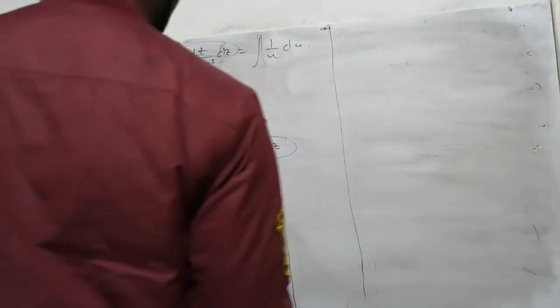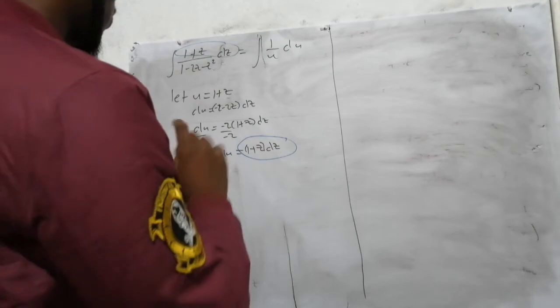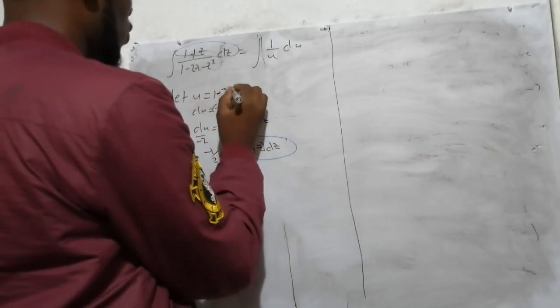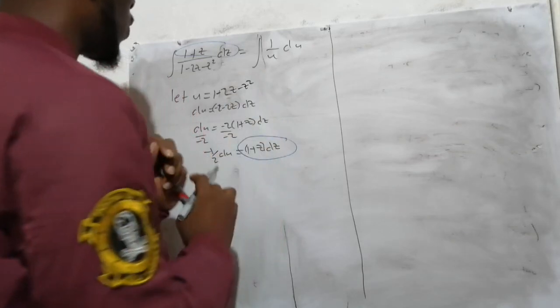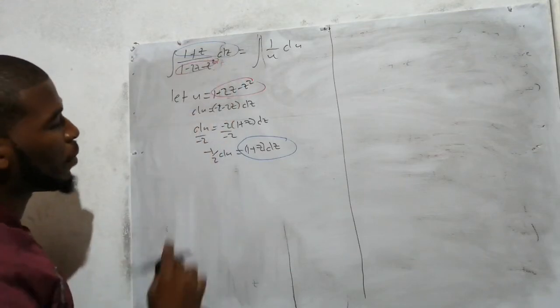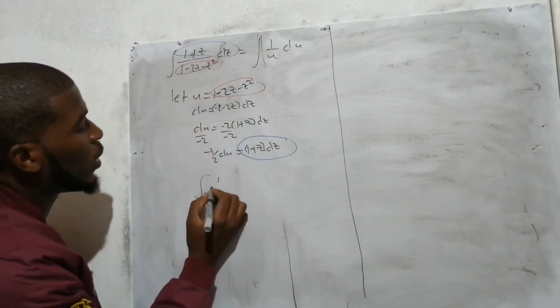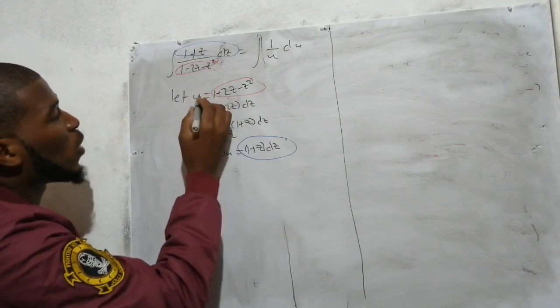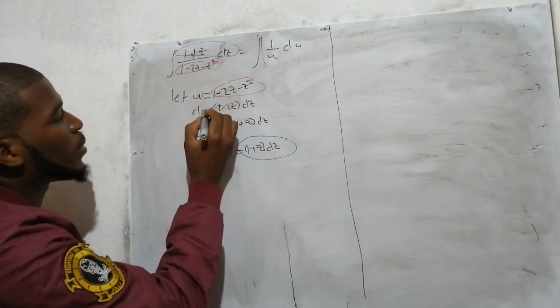Okay, sorry. Our u is not this; our u is 1 minus 2z minus z squared. So let's replace it. I should not use u because we already have u on the other side.